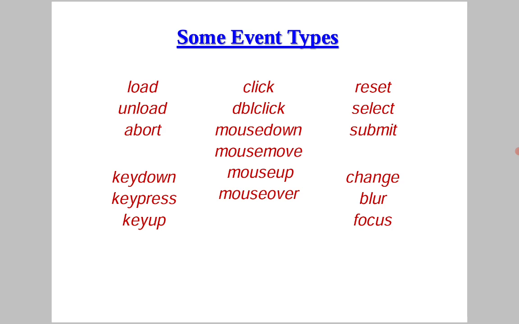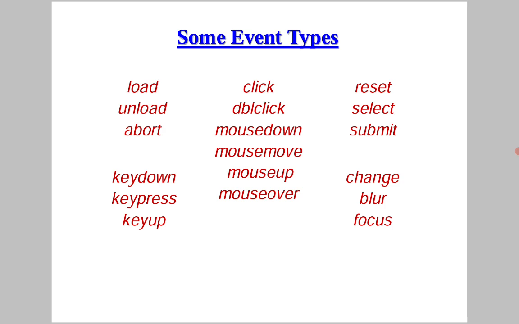Mouse events means, as we know, that there are two types of buttons in a mouse: left button, right button, and scroll button, and different operations are there by using the mouse, such as select, drop down, mouse over, select an object, double click, single click. All these are events.